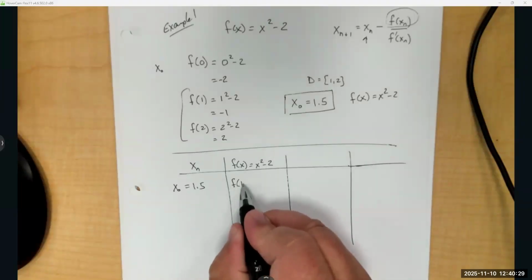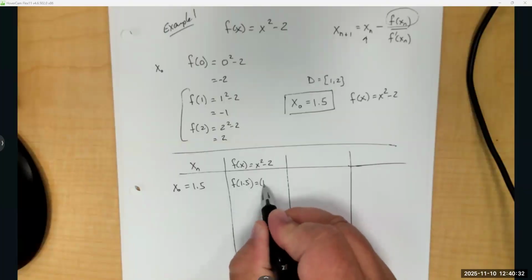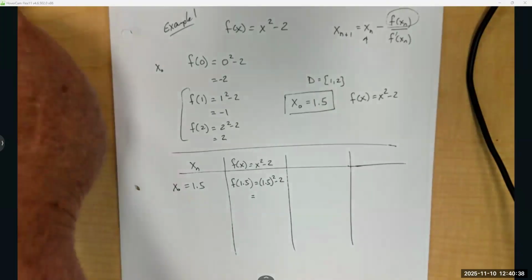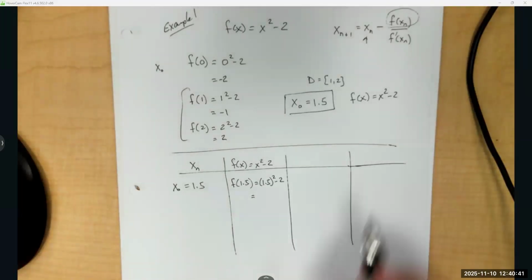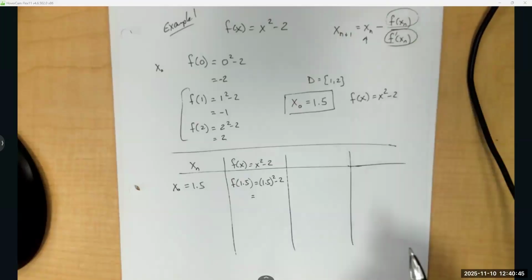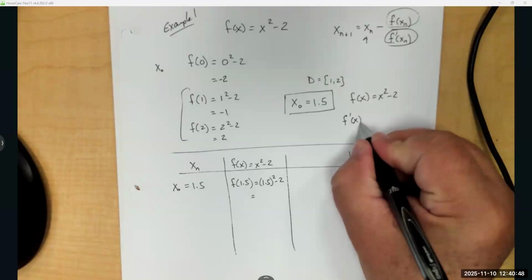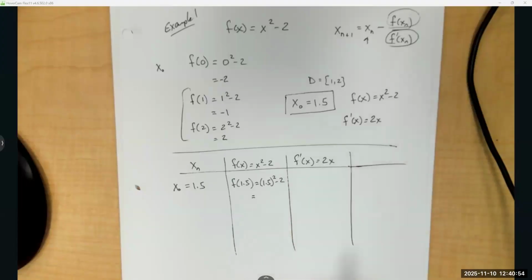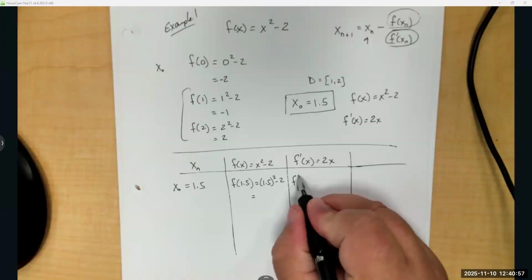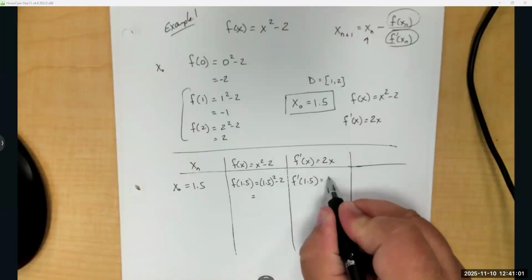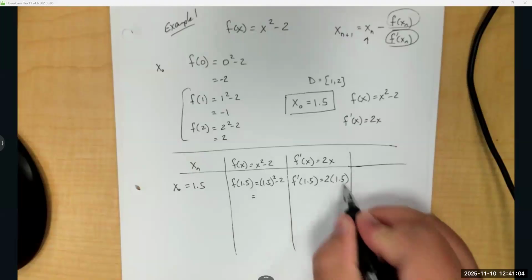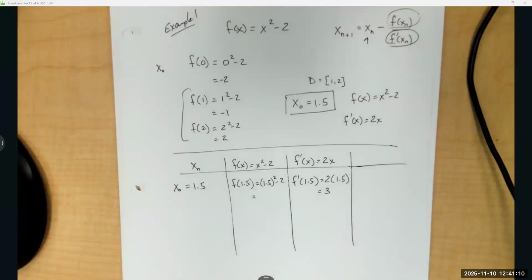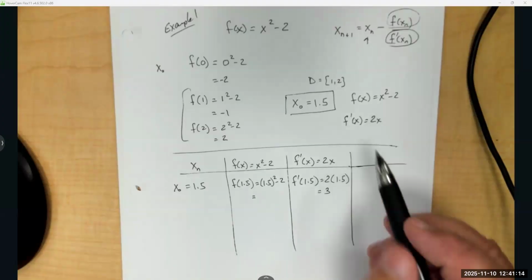So in this first one, I put 1.5 inside there and work it out. I'll set these up and I'll do an Excel in a second. We also need to know the derivative. So the first derivative is 2x. Follow me so far? Now we have to put it all together into the formula.